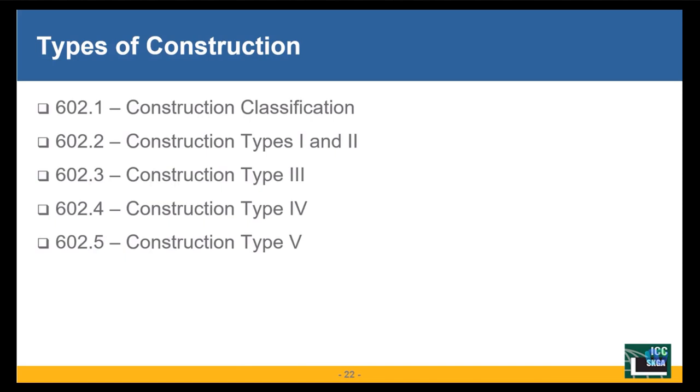Now we move on to type of construction. We have basically 5 main types of construction, and we have subtypes of construction. So all buildings, if they're constructed, altered, or expanded in height or area, must be classified in one of the construction types.